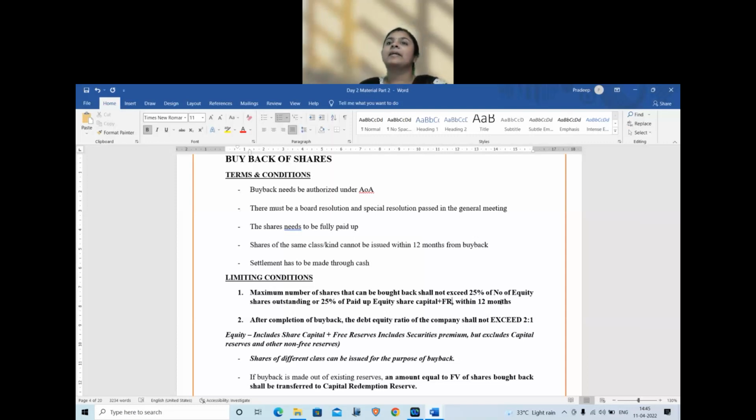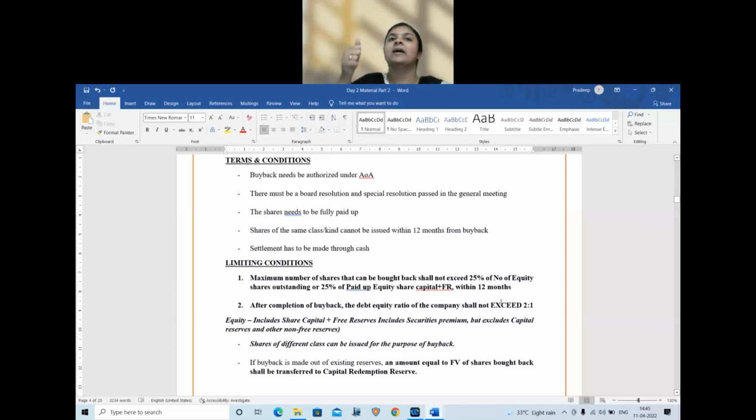Can I issue any other shares and buy back? Which means, can I issue preference shares for equity buyback? Yes. If buyback is made without issue of any shares, then an amount equal to the face value of shares bought back needs to be transferred to CRR, which is capital redemption reserve. However, if you are issuing fresh shares for the purpose of buyback, CRR need not be created to the extent of face value of fresh shares issued.